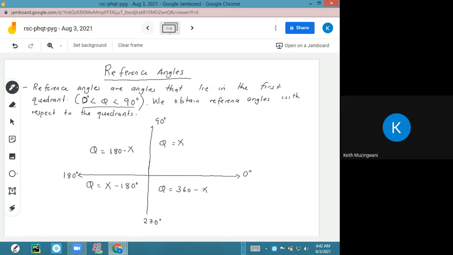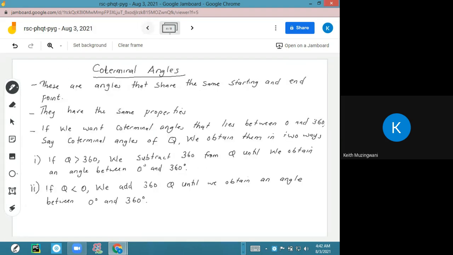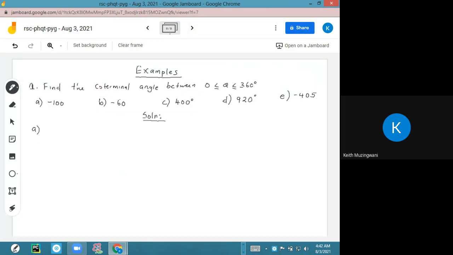A, we said whenever theta is less than 0, we add 360 to theta until we obtain an angle between 0 and 360. So we want the coterminal angle of -100. We'll call the coterminal angle x, so that there's no confusion with our definition.